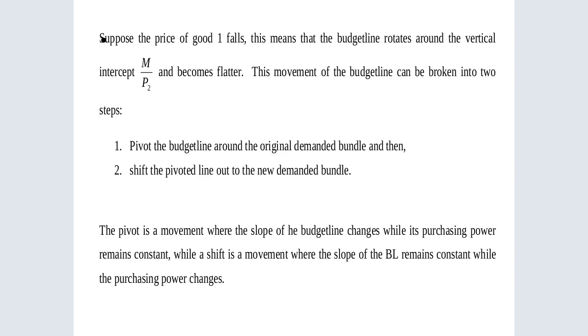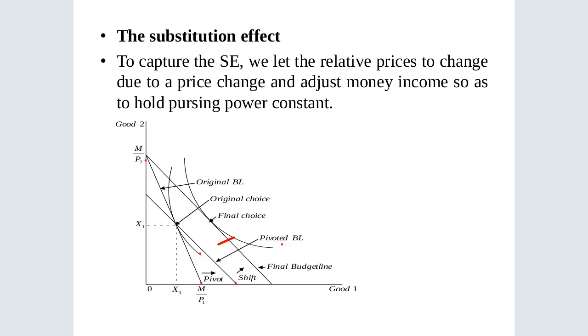Now, assume that the price of good 1 falls. That means the budget line rotates around the vertical intercept, that is M over P2, and it becomes flatter. So if the price of good 1 changes, this is the intercept we are talking about, and there will be a pivot.